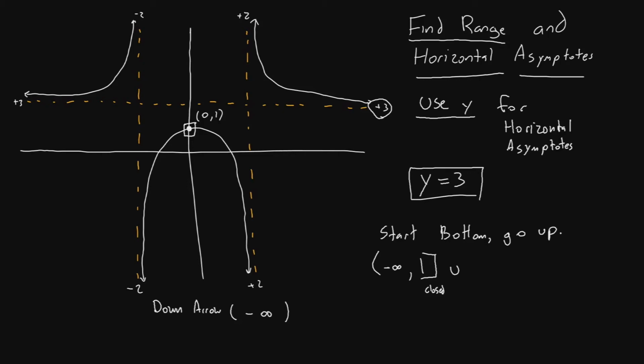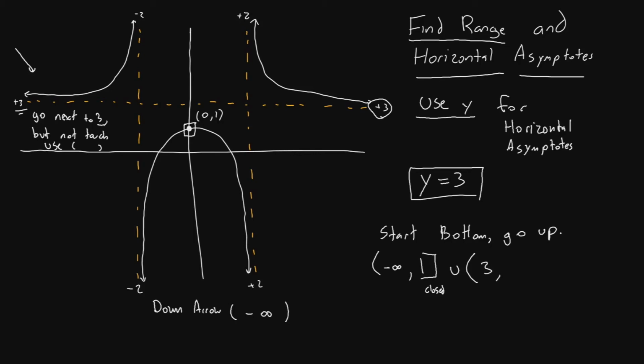And now let's look to this piece on the left. The lowest it goes is +3, which is what we labeled this asymptote with. But it doesn't actually touch +3. This is going to go next to 3, but not touch. So in this case, we will use parentheses to represent that 3.